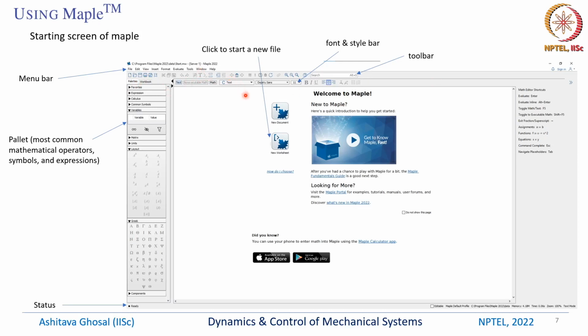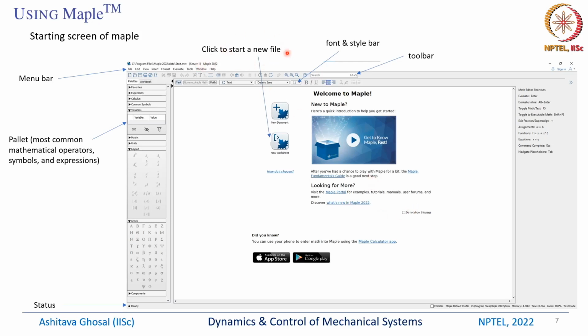Then on this left side there is a palette, which basically gives you all the most common mathematical operators, symbols, and their expression. We can easily use this toolbar to do in this workspace what to do or how to initiate conversation with Maple.